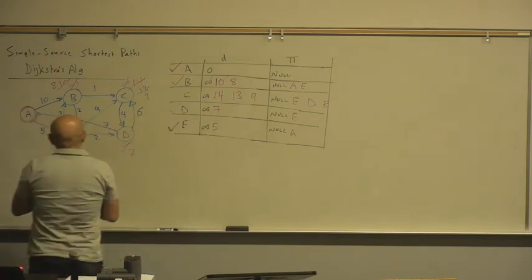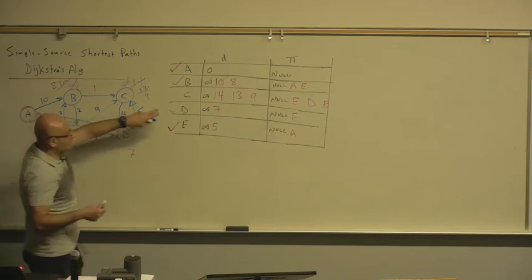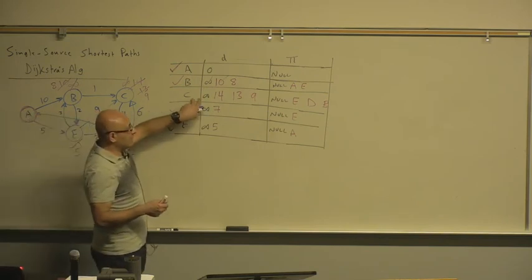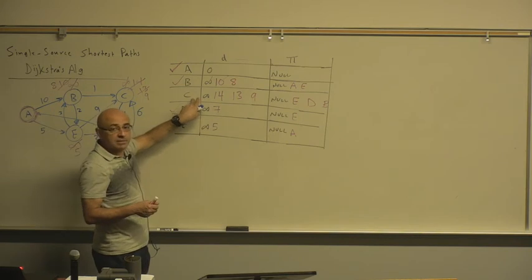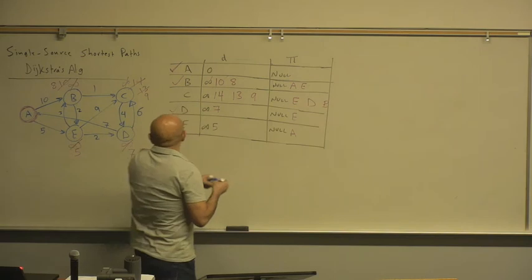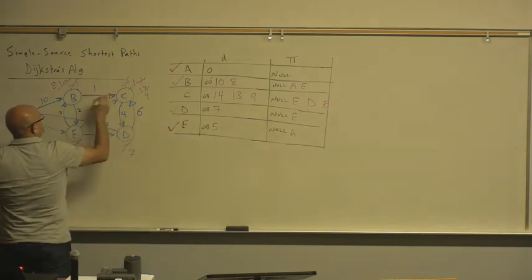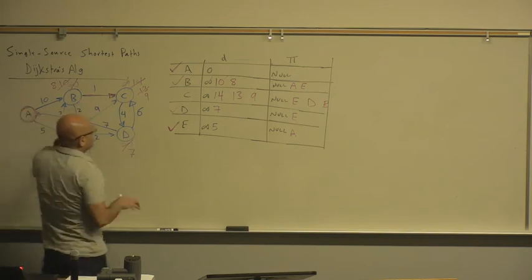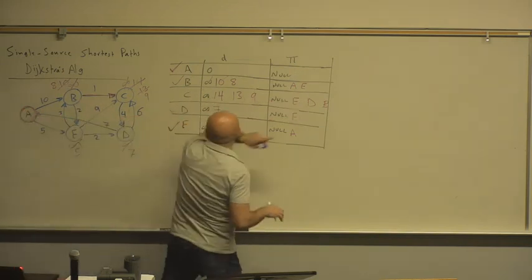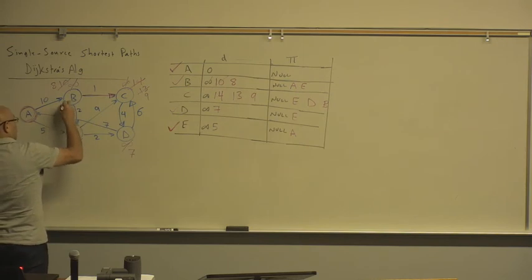And what's the best path now, the shortest path to C? I just trace the parents back. So parent of C is B. So this is the edge. Then I look at the parent of B. What's the parent of B? The parent of B is E. So this is another edge.